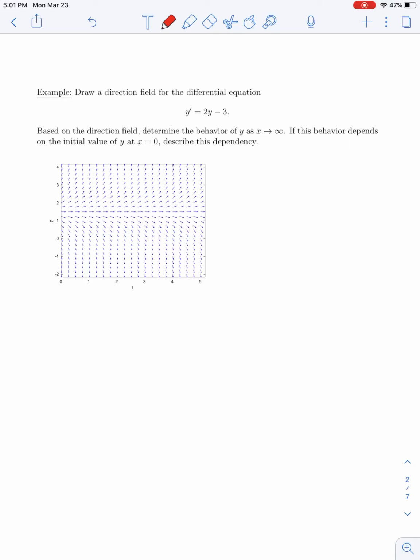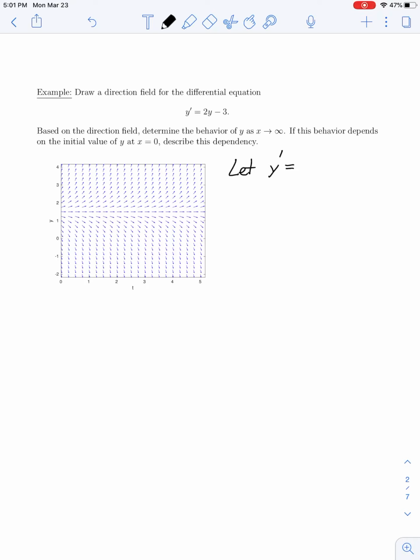So here in the lecture notes, I've already given you the graph of your direction field. Now, in general, if we had not been given this graph, typically the first thing that we want to do to sketch a direction field is look for equilibrium solutions. And recall that an equilibrium solution is found by looking for where there is no change.